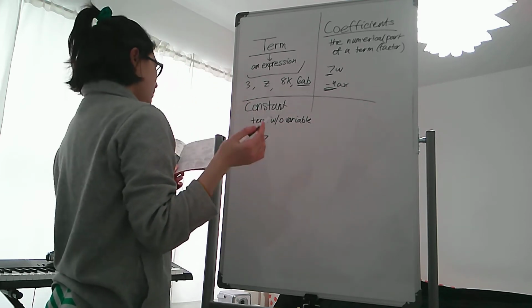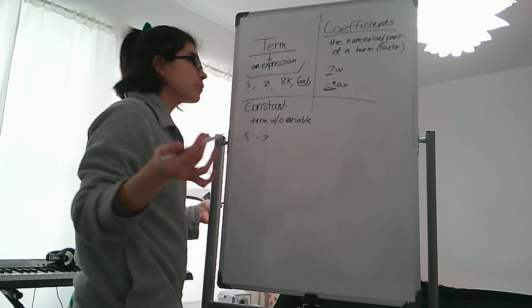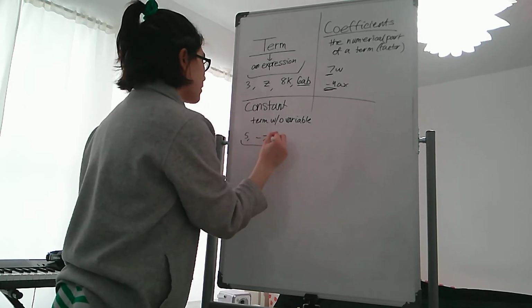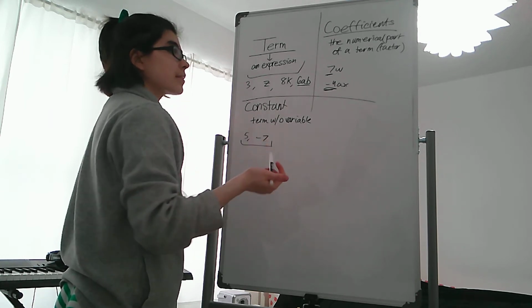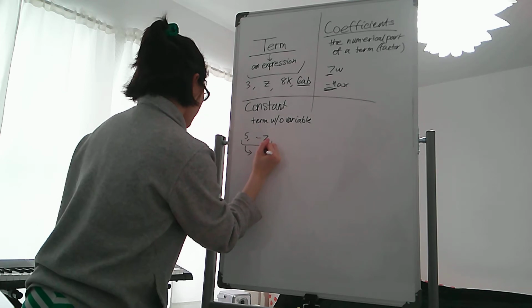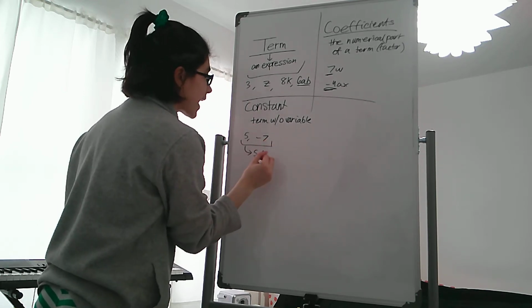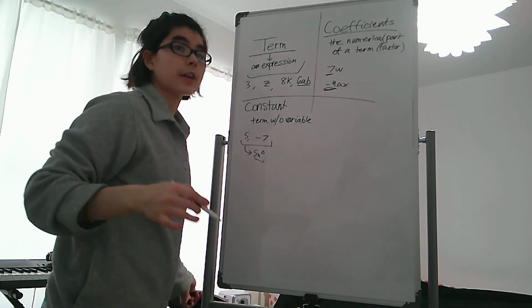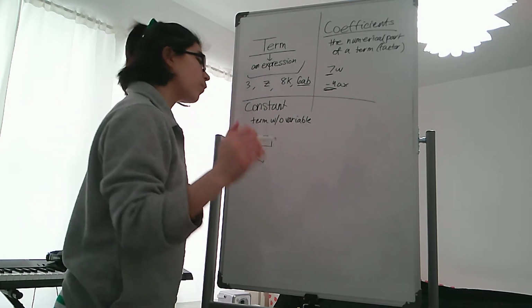Okay, but the thing is, if you want to think about it a little more technically, you could write these so that they are coefficients. So like 5, say 5 times x to the 0 power, because any number to the 0 power is always 1.